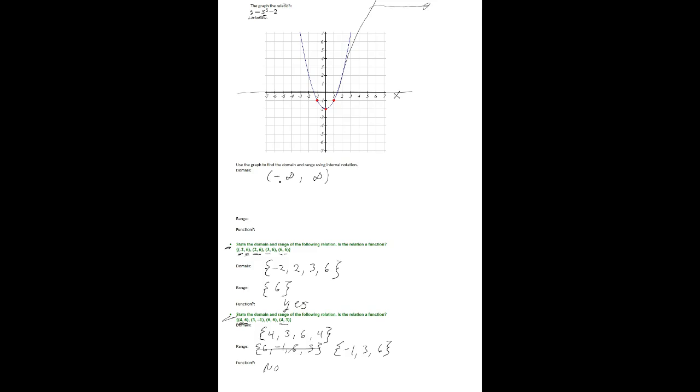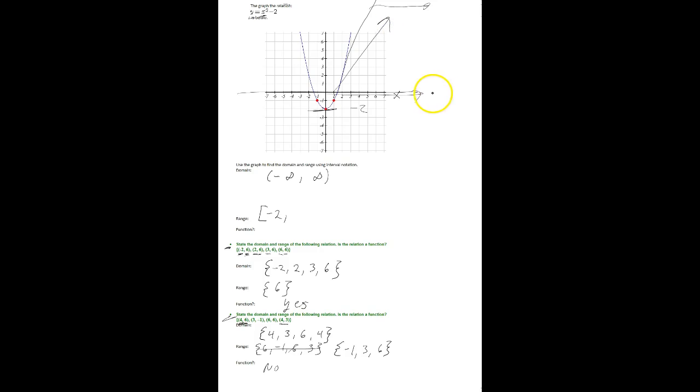Now, what is the range of this particular problem? Well, the lowest value we can have is -2. So the lowest y value is -2, and -2 is included, so let's bracket that. So it's -2 to what is the largest y value we can get? Well, as x goes to infinity, our y values are also going to go to infinity.